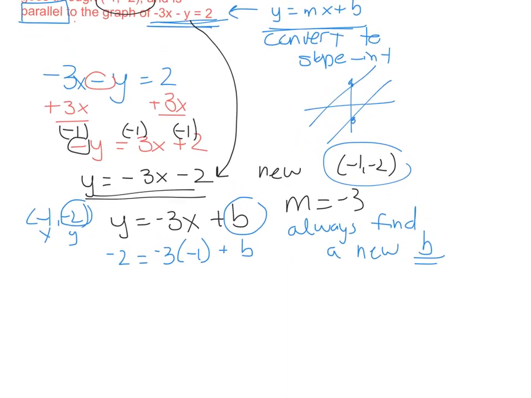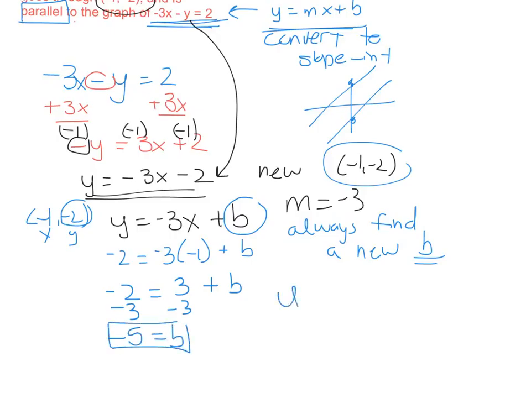Now I'll continue solving. -3 times -1 is +3. -2 equals 3 plus b. Subtract 3, and I get that b equals negative 5.